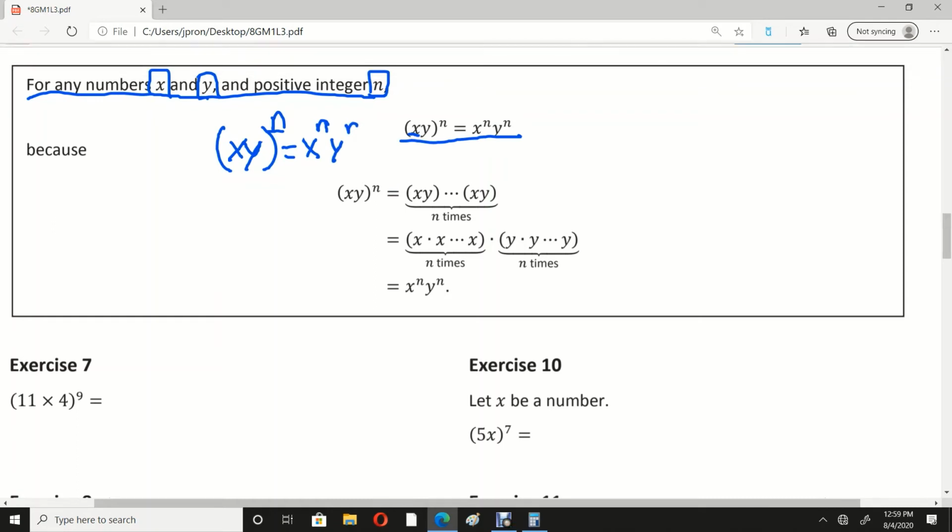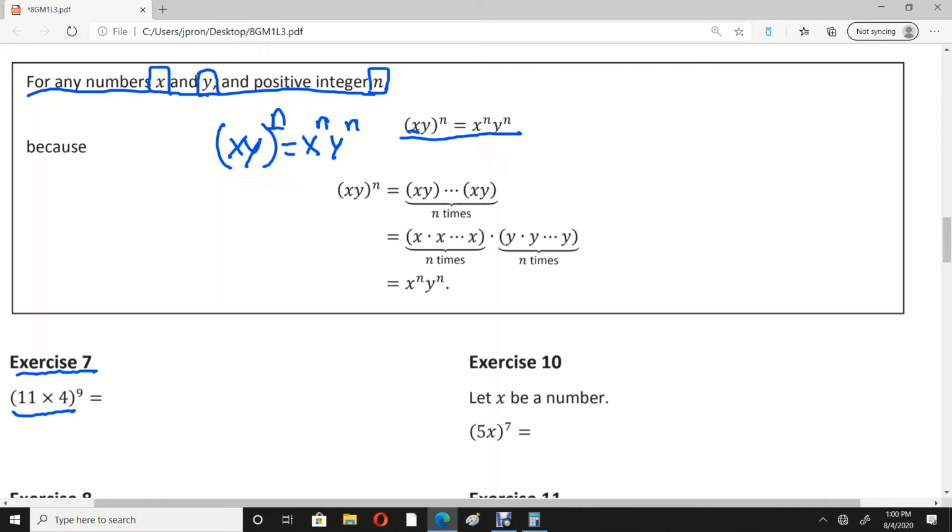I'm going to go into further explanation as to why that is the case, but let's just come down here to exercise 7 and see how this will apply. This will be applied practically in the questions that we're going to be asked. Okay, so we can look at exercise 7 as an example.